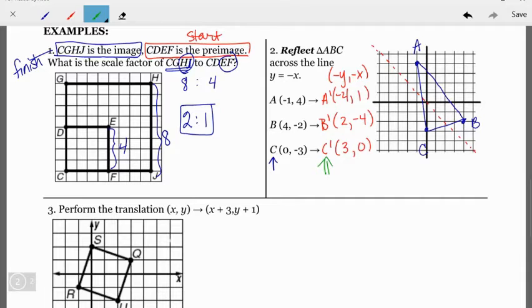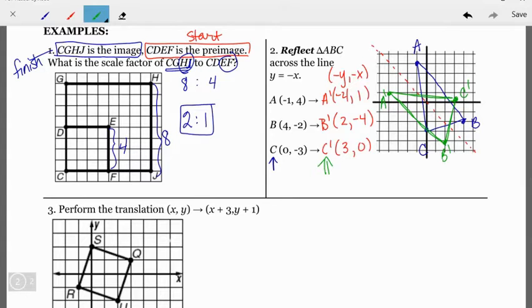So A prime is negative 4, 1. B prime is 2, negative 4. And C prime is at 3, 0. Connect the dots. And there we go. We've got our butterfly figure where everything is perfectly reflected over the line y equals negative x.